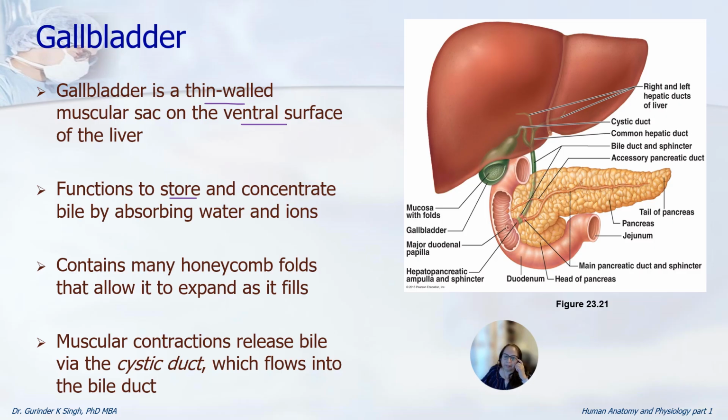It has little foldings inside it, which are known as the honeycomb folds, which help it to expand as it gets filled. It does have muscular layers in its wall. When they contract, that helps the bile to move through the cystic duct, and then it combines with the common hepatic duct and creates what we call the bile duct.